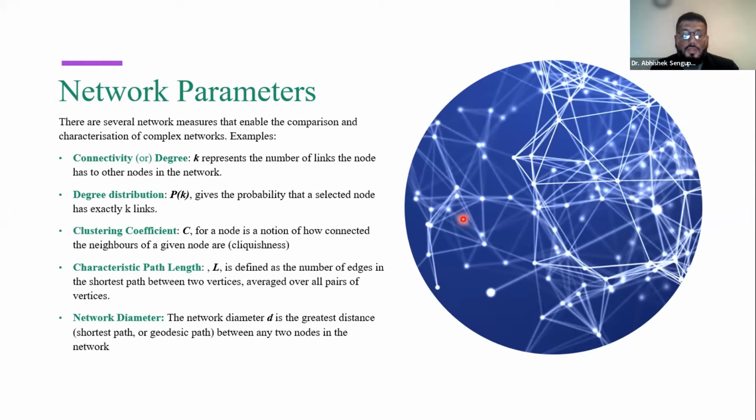First is connectivity. Now what is connectivity? Connectivity, or degree of connectivity, is represented by K. K represents the number of links the node has to other nodes in the network. For example, we have two types of networks, directed and undirected. For directed networks, K has two components, K in and K out.